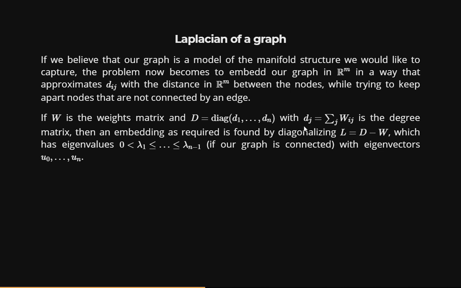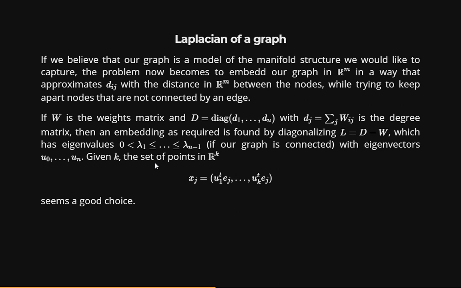Now, if your graph is connected, and if you use the KNN algorithm it is connected, this matrix has one 0 eigenvalue and n-1 positive eigenvalues, which have eigenvectors u0, which is the 0 eigenvector, u1, ..., un-1. Now, u1 to un-1, the eigenvectors, give you an embedding which sort of respects these conditions.